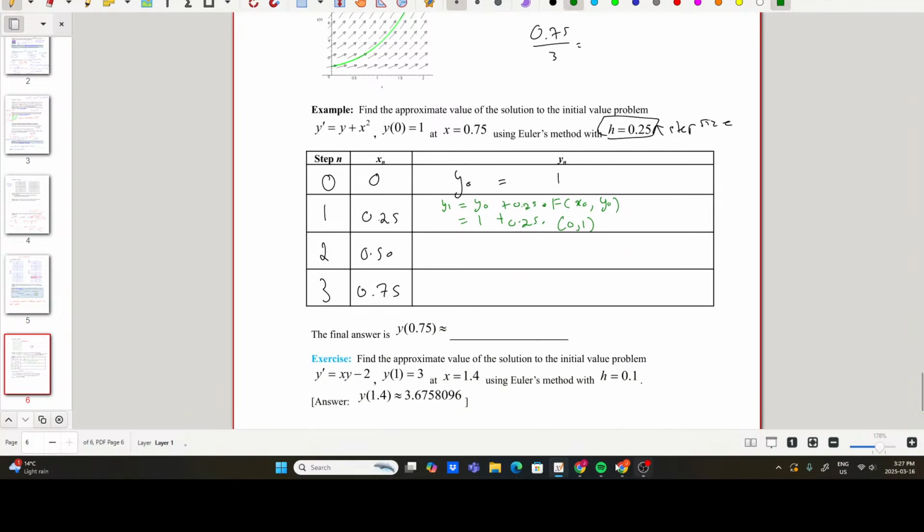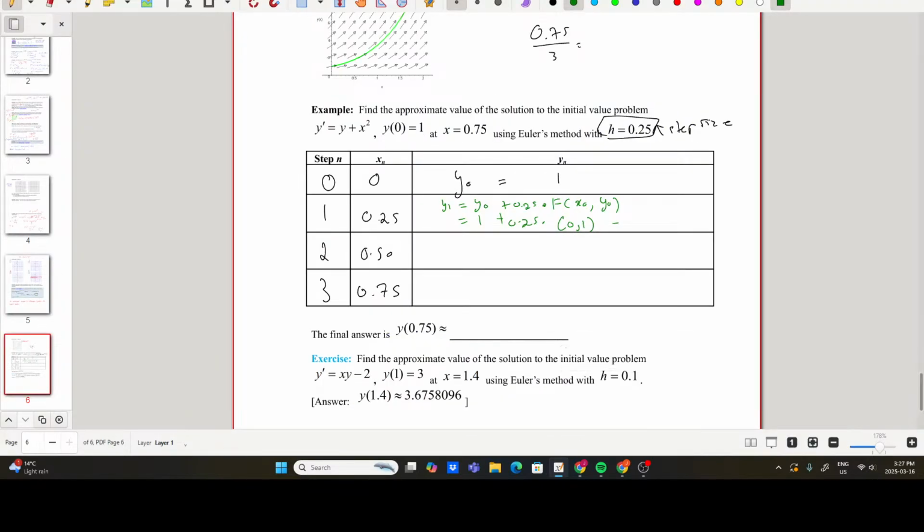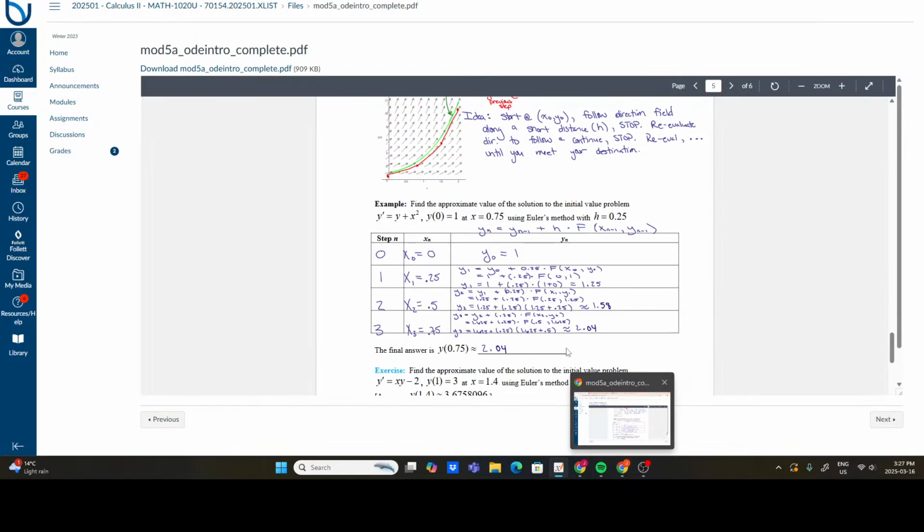Wait, what am I saying? To calculate that, it's just going to be 1 and 0. So it's going to be equal to 1 plus 0.25 times (1 plus 0).